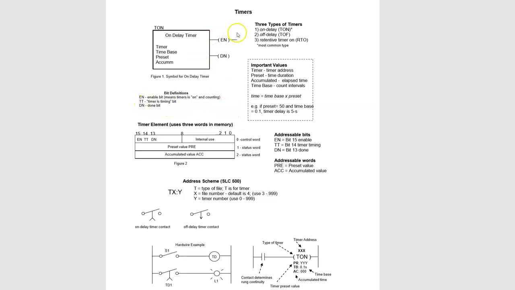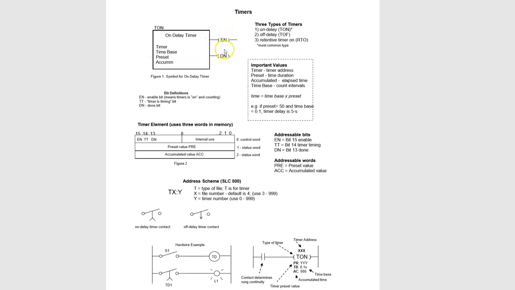So what happens with the enable bit, say you have an instruction over here. If you have a rung and it's conditional, meaning you have an instruction like an examine if close that you have mapped to a switch, you close the switch, the examine if close instruction is true, then this enable will go high.